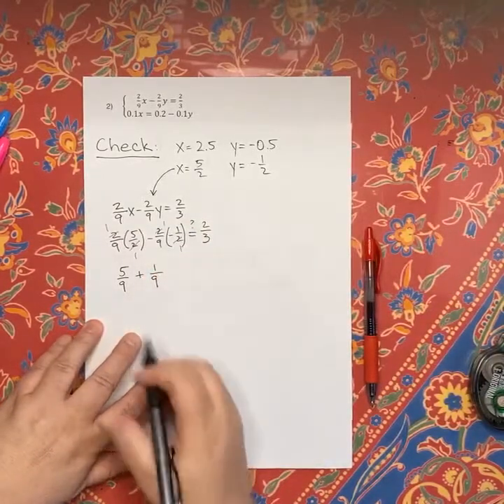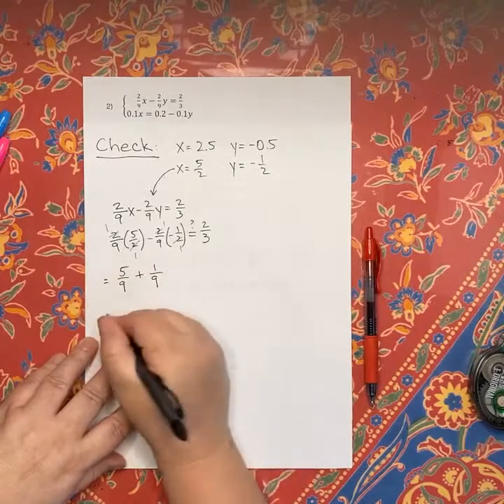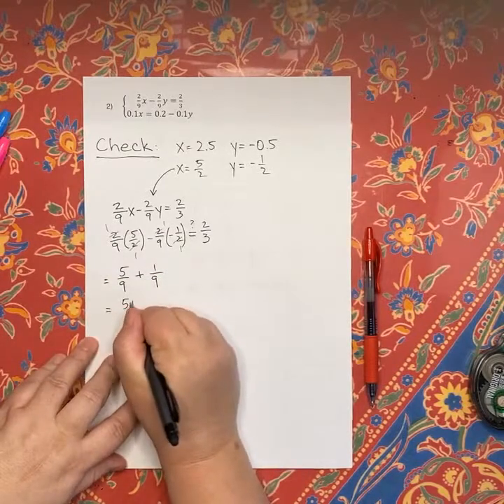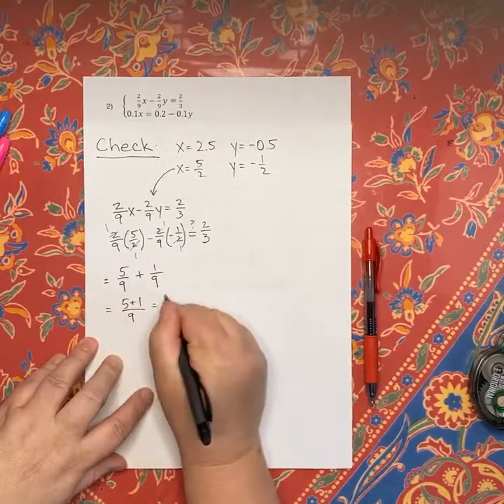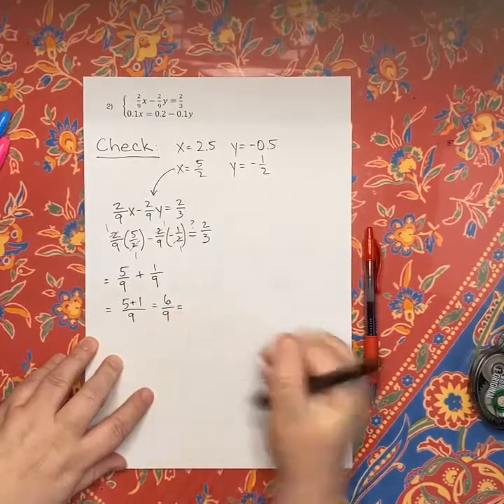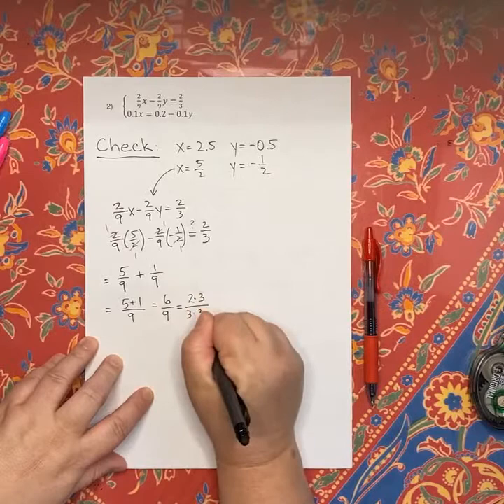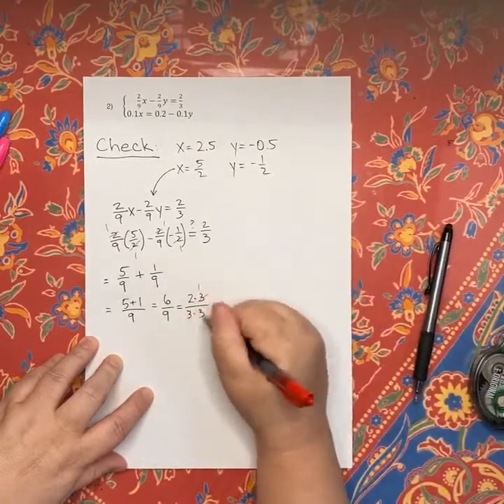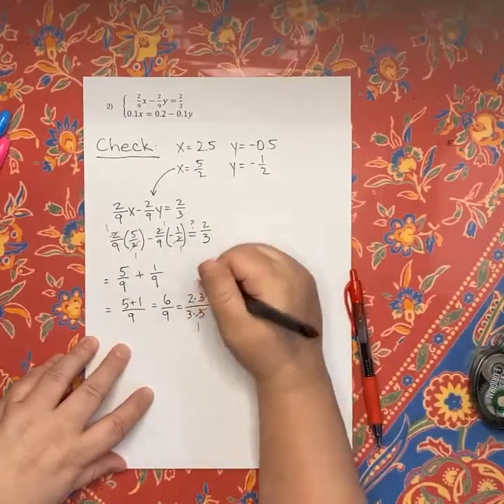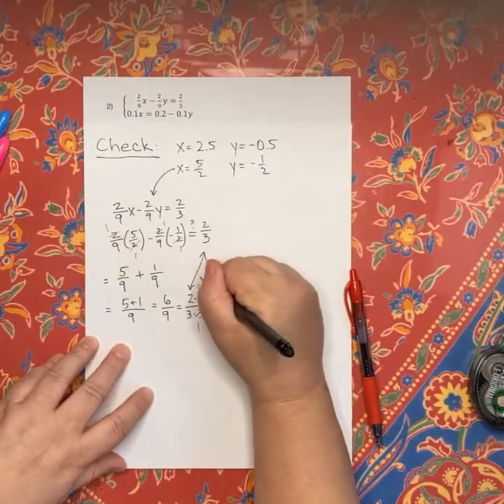Okay. So what is 5/9 plus 1/9? That's 5 plus 1 over 9, which is 6/9. Wait a minute. That's 2 times 3 over 3 times 3. Oh my gosh. Oh, look at that. Oh, wow. Bob's your uncle. Check.